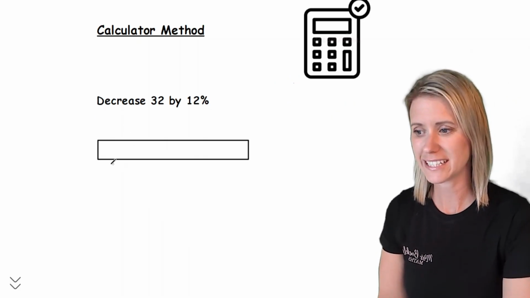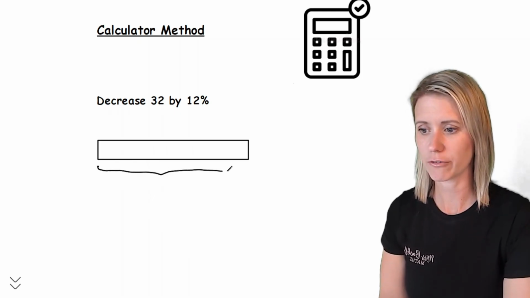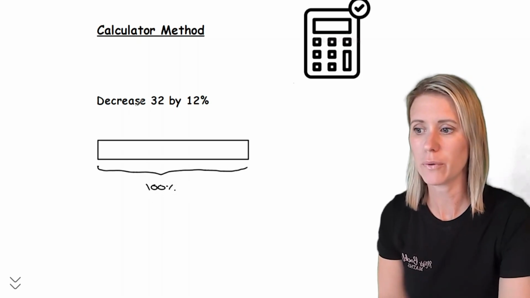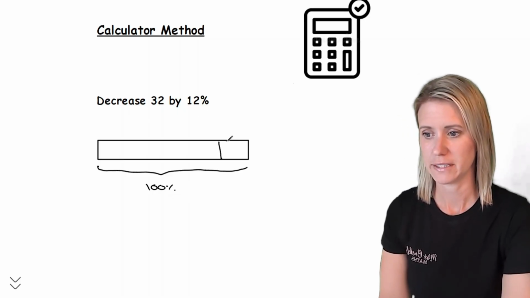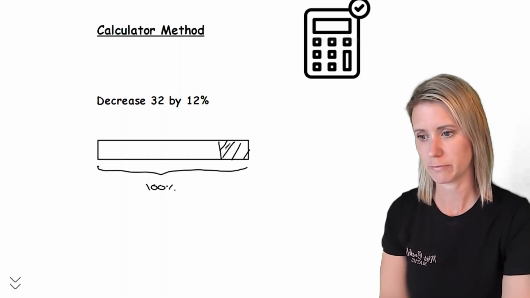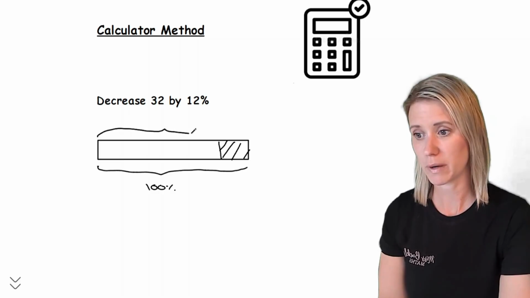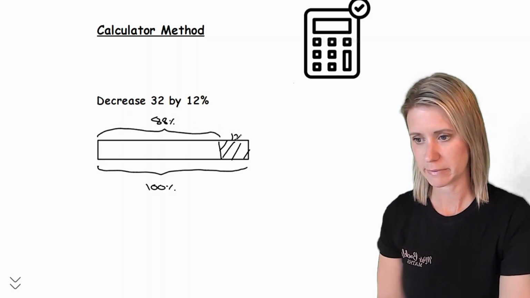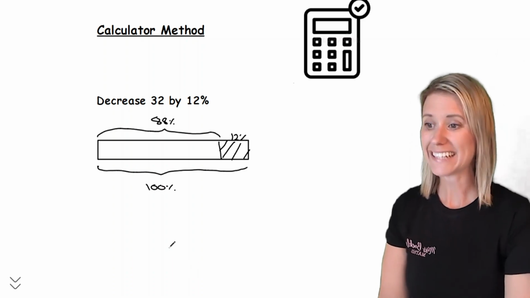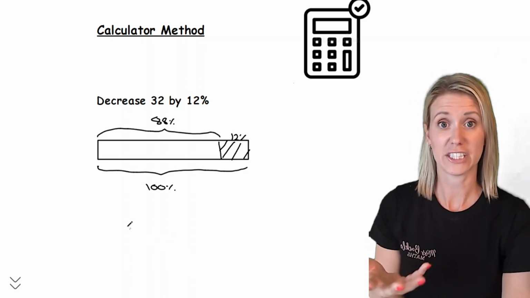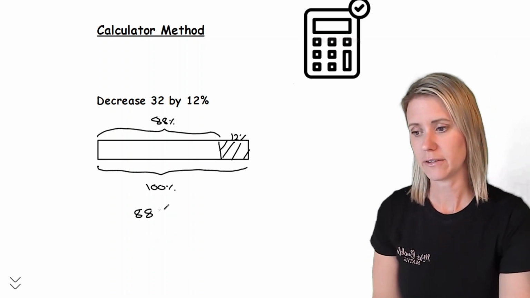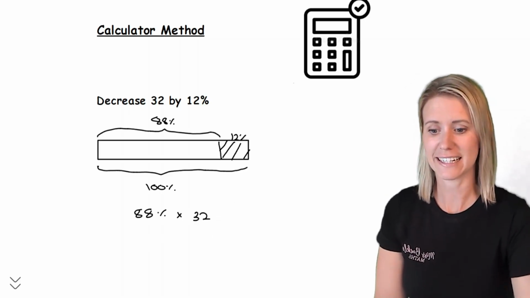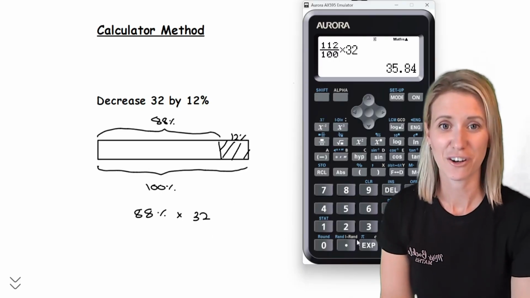Because it's a decrease this time, we're going to be taking it off that 100%. There's our bar that represents 100% of a number, but we want to take off 12%. So if we're subtracting 12%, we're actually going to be left with 88% of the number. So we want to find 88% of 32, and it's just a case once again of typing that into your calculator as a decimal, a percentage, or a fraction.